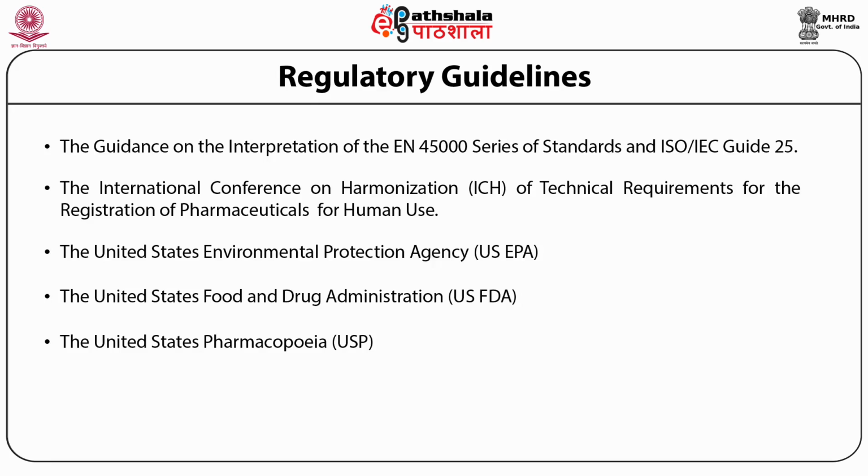When we follow these protocols, it is very good for us to get the reproducibility and acceptability of the method for any of the purposes for which it is intended.